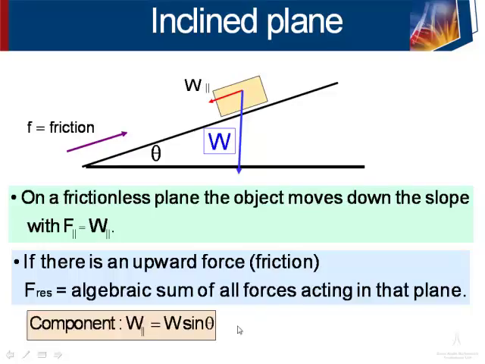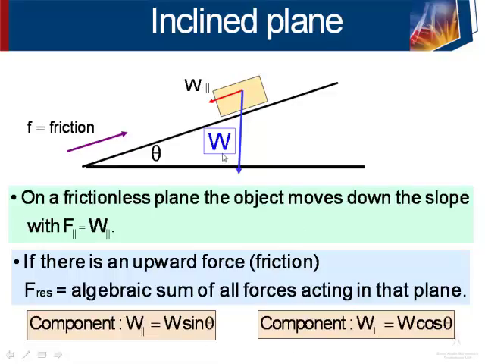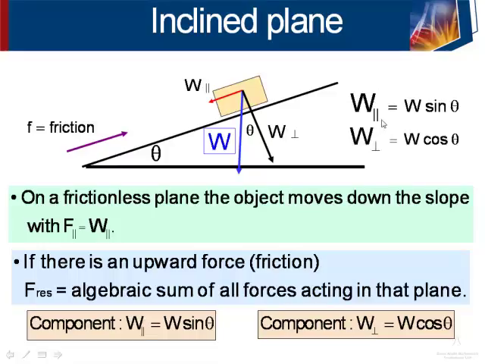Now we look at the components of the force weight downwards. There are two components, the weight parallel to the slope and the weight at a 90-degree angle, or perpendicular. So we have weight parallel and weight perpendicular.